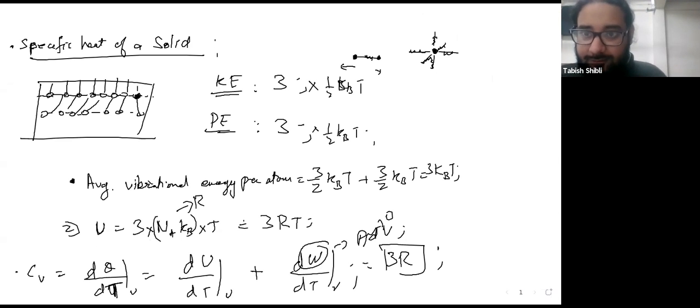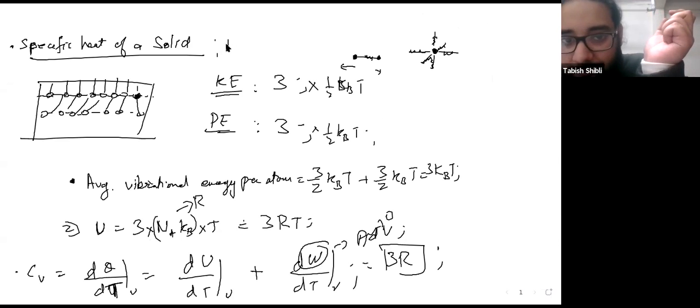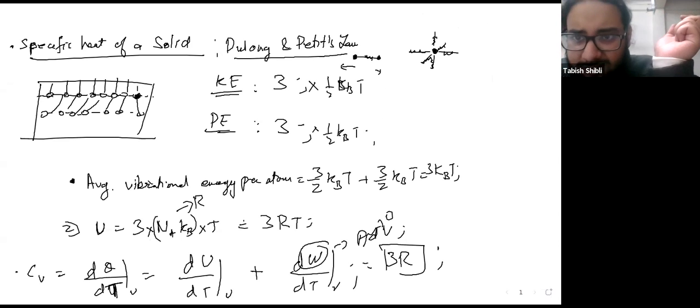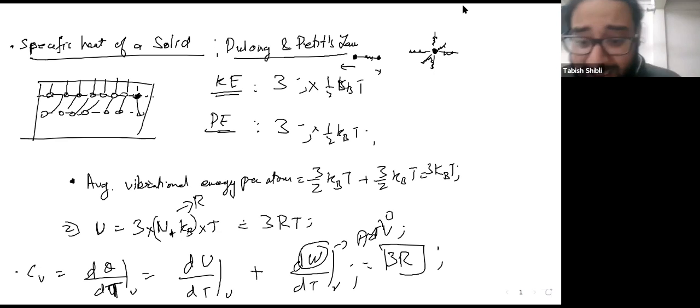This fact that your specific heat for a solid is equal to 3R is given by the name Dulong and Petit's law. This is not very famous, but a relatively famous law in thermodynamics. And now we know where this law essentially comes from.